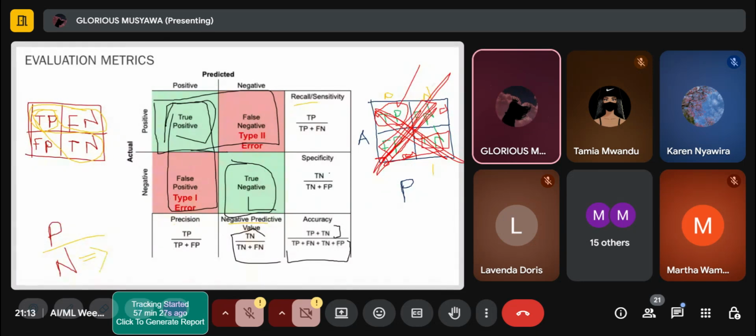So I can focus on the negative comments, and I'll use specificity to see how my model is performing in predicting the negative comments. This is the explanation for the confusion matrix. Is that clearer now?